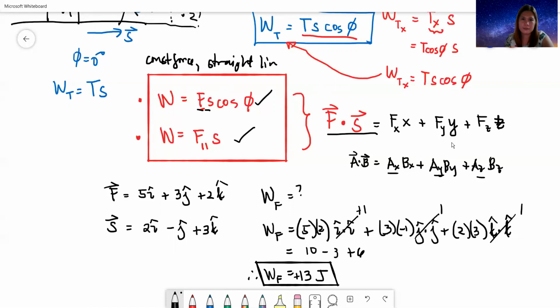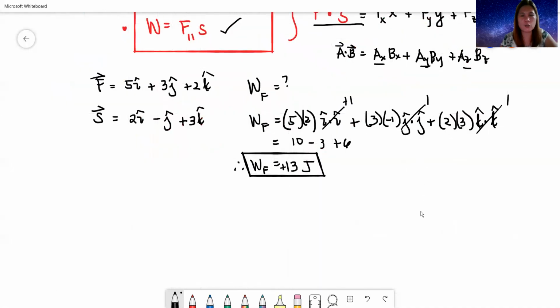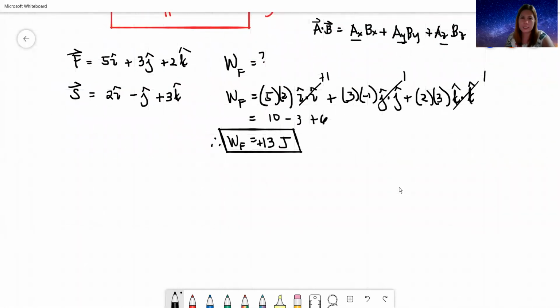Yan. Okay, and then finally, we say for a constant force, let's say we now have, ito na naman yung graph natin. So we now have here the force versus position graph.